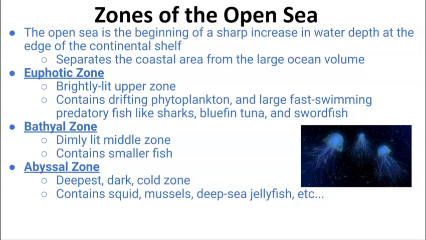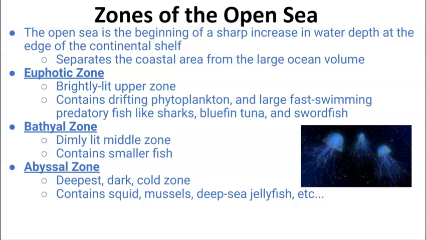Now we're getting to the zones of the open sea. The open sea is the beginning of a sharp increase in water depth at the edge of the continental shelf. It separates the coastal area from the large ocean volume. The first zone is called the euphotic zone, and it is the brightly lit upper zone.